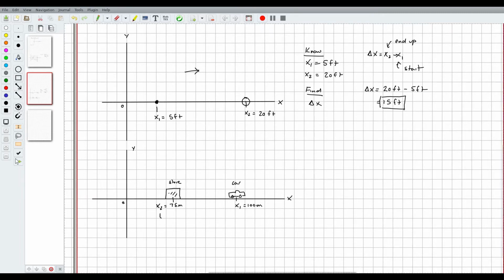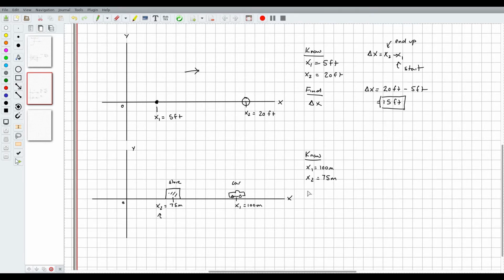Now look at how I index these things. 2 is where you end up, and 1 is where you start. Now we're going to reindex this in a moment, but I just wanted to point out this is the way I want you, again, to be thinking about these things. So here we know x1 is 100 meters, x2 is 75 meters.